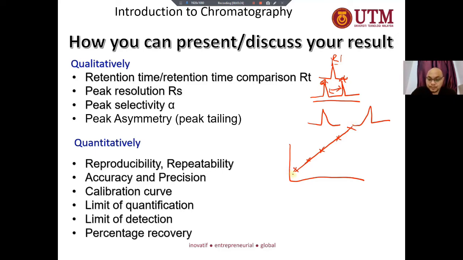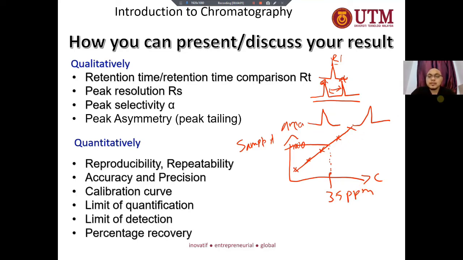For example, here is the concentration, and here is the area. Let's say you have sample A, which gives you an area of 1000. You can use this calibration curve to determine the concentration, for example here it is 3.5 ppm. So this is why the calibration curve is really important.